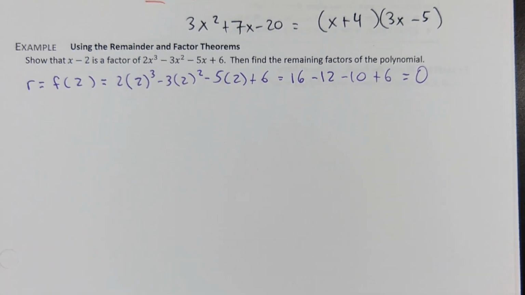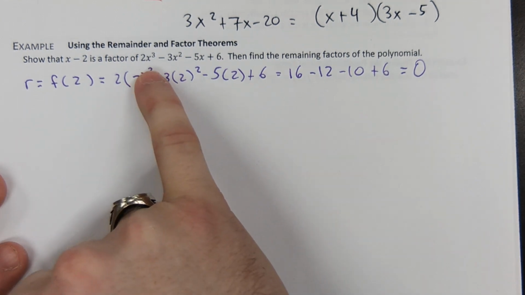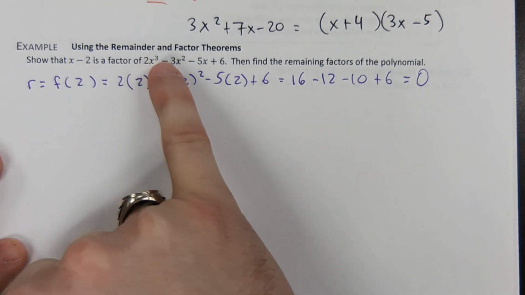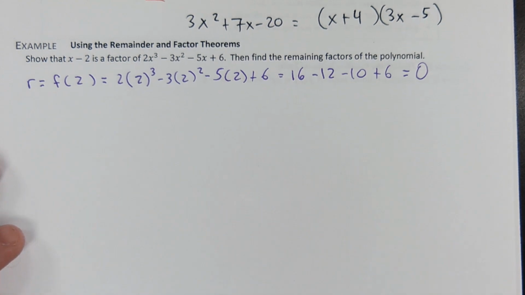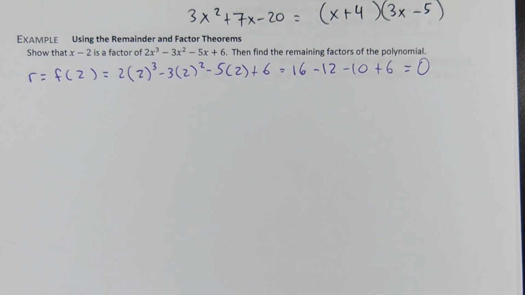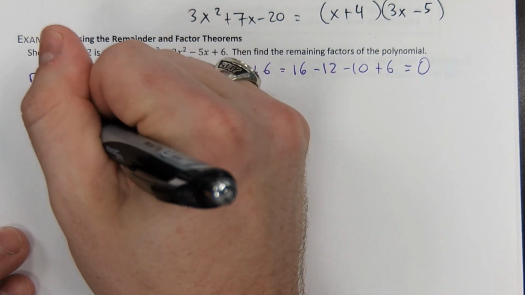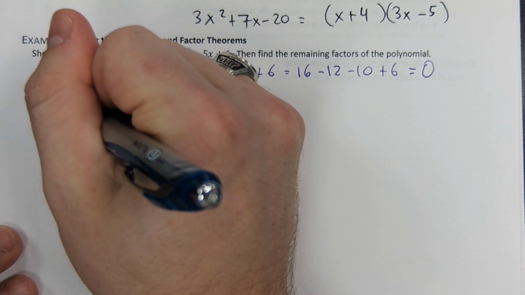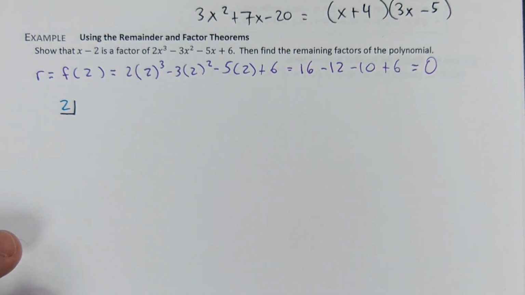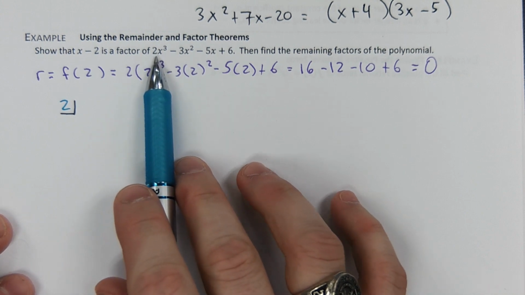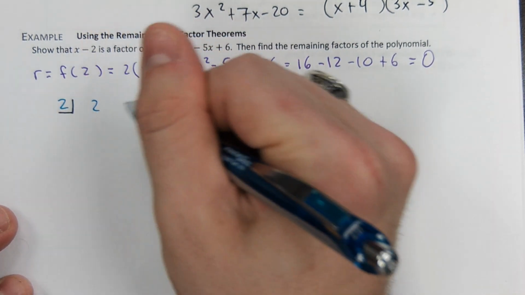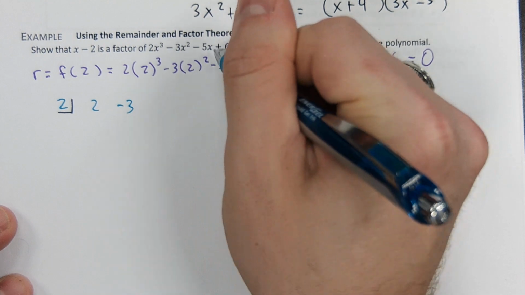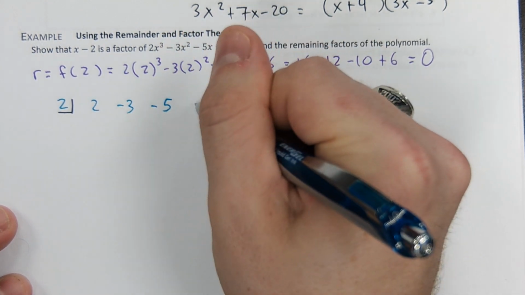Let us do the synthetic division. Let's make sure we're not missing any terms. X to the 3, 2, 1, none. We're not missing any terms. That's good. No gap teeth in this one. Remember, the synthetic division uses the 0 of the divisor. Only the coefficients. 2, negative 3, negative 5, and then 6.